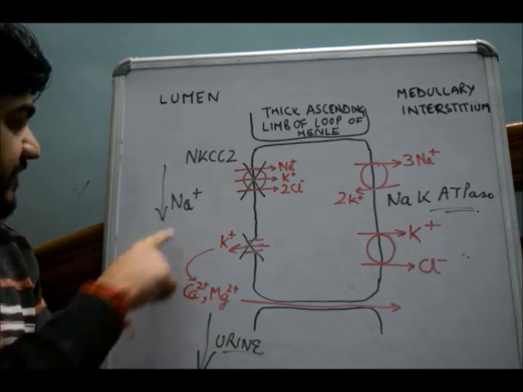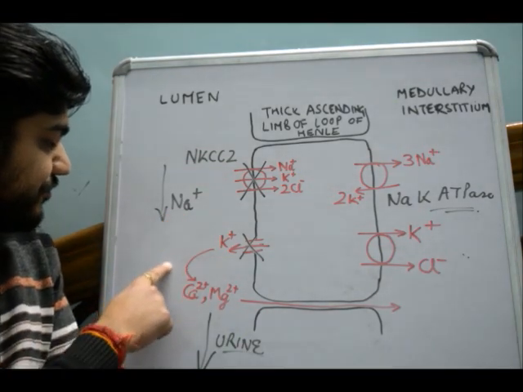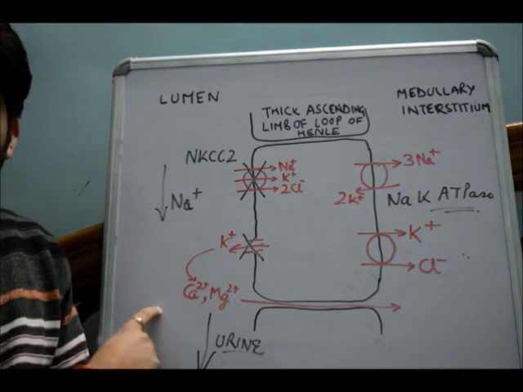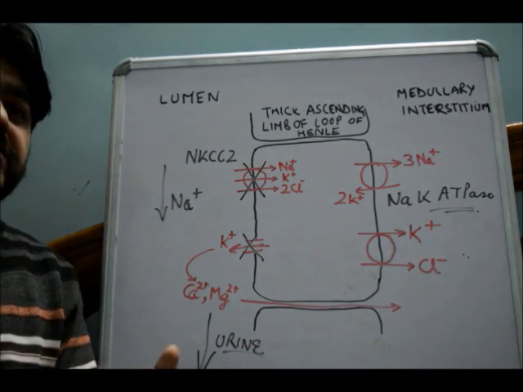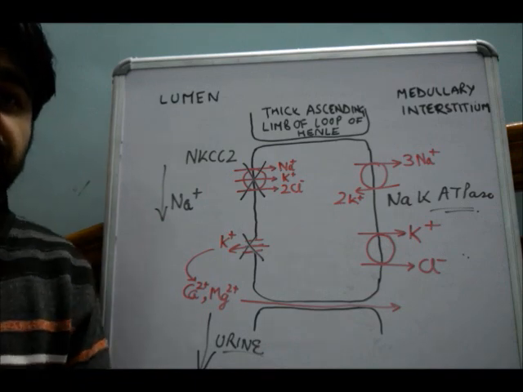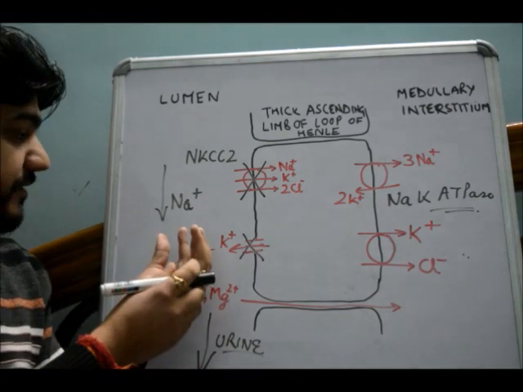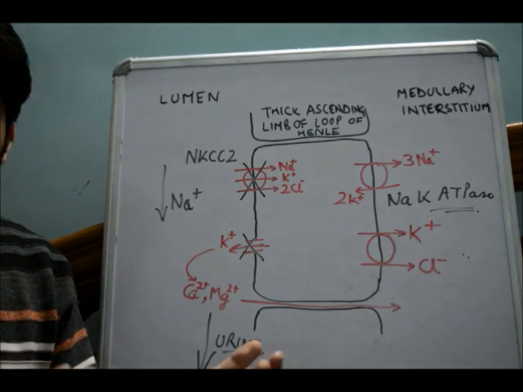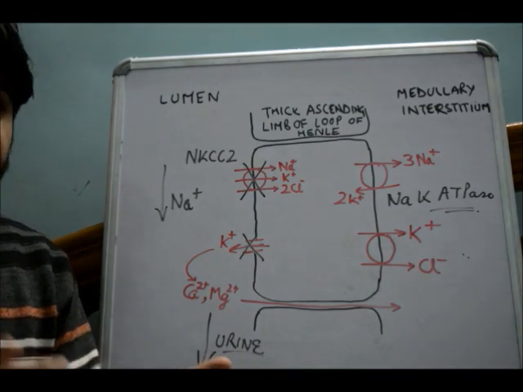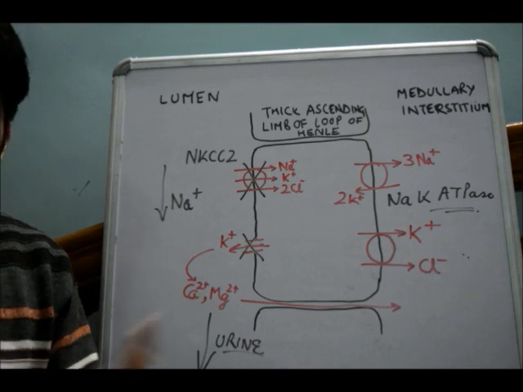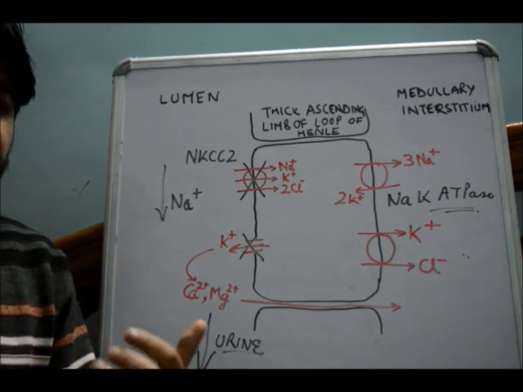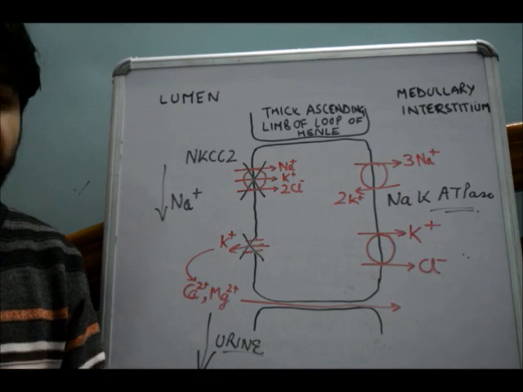Now another thing is, since a lot of sodium is now presented to the distal tubule, what will happen? In the distal tubule there are some principal cells where sodium is reabsorbed and potassium as well as hydrogen is exchanged at that point. So a lot of sodium is reabsorbed at that site, but in exchange for potassium or hydrogen ions.